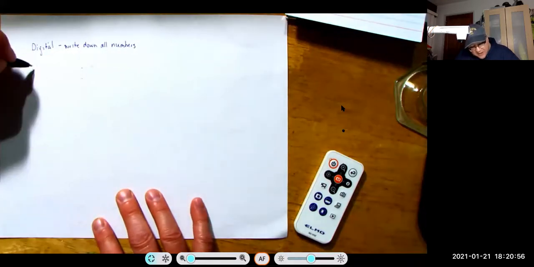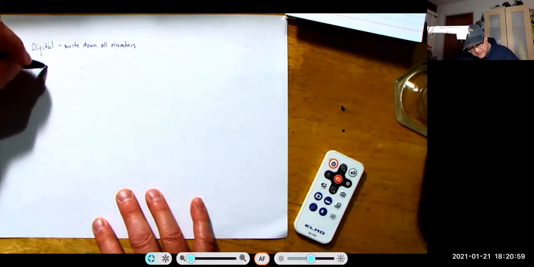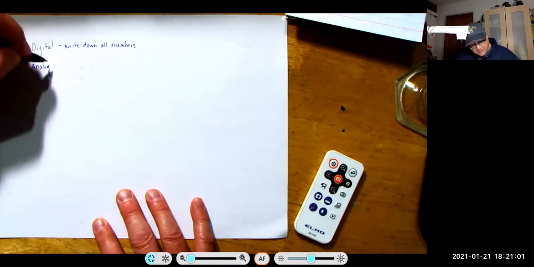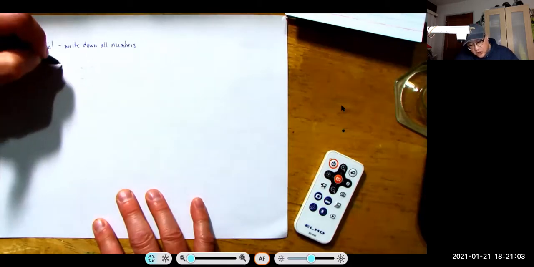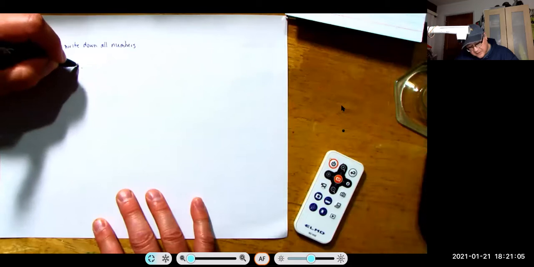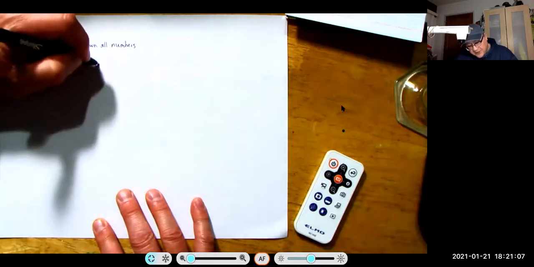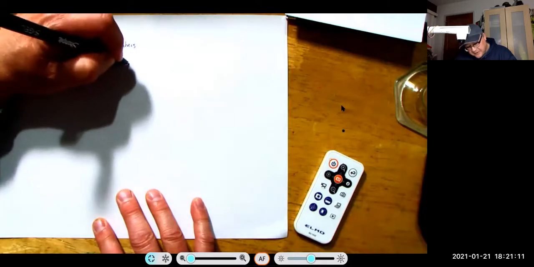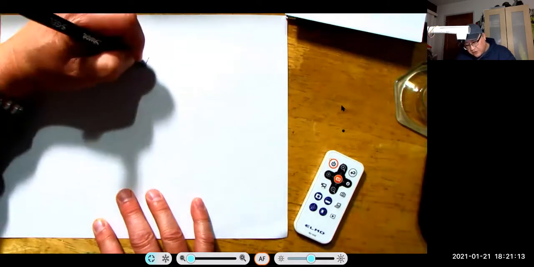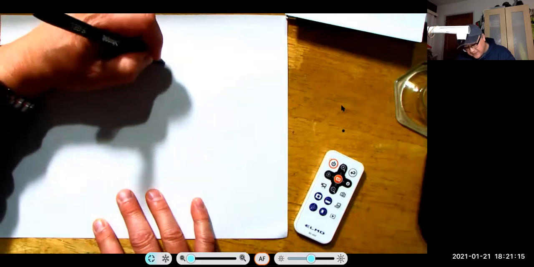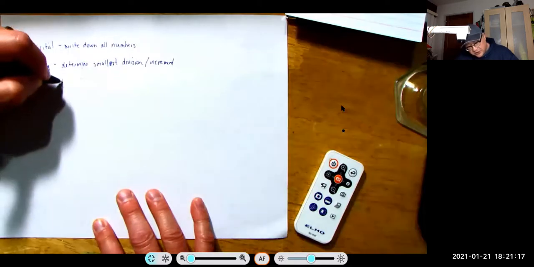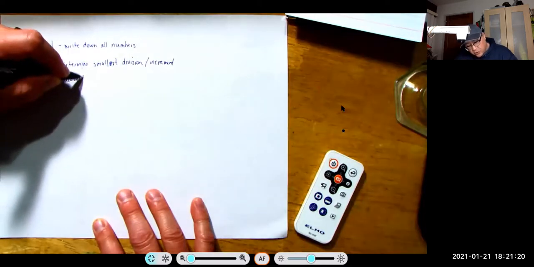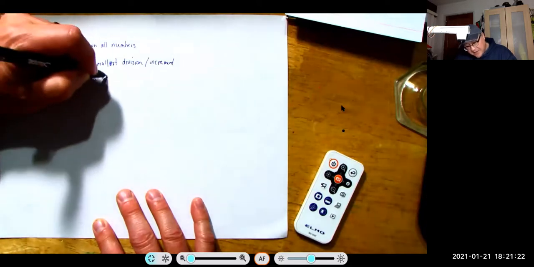For the analog, you determine the smallest division, which is also the smallest increment, and you measure to 1/10 of that amount.